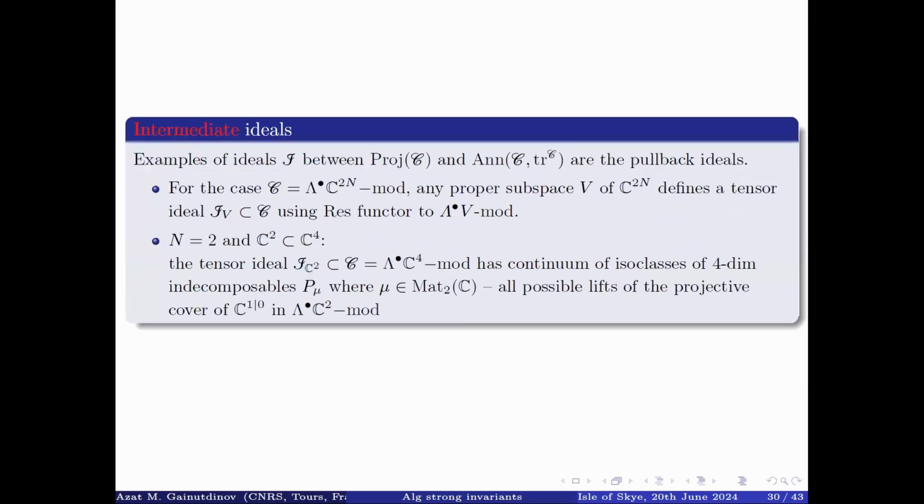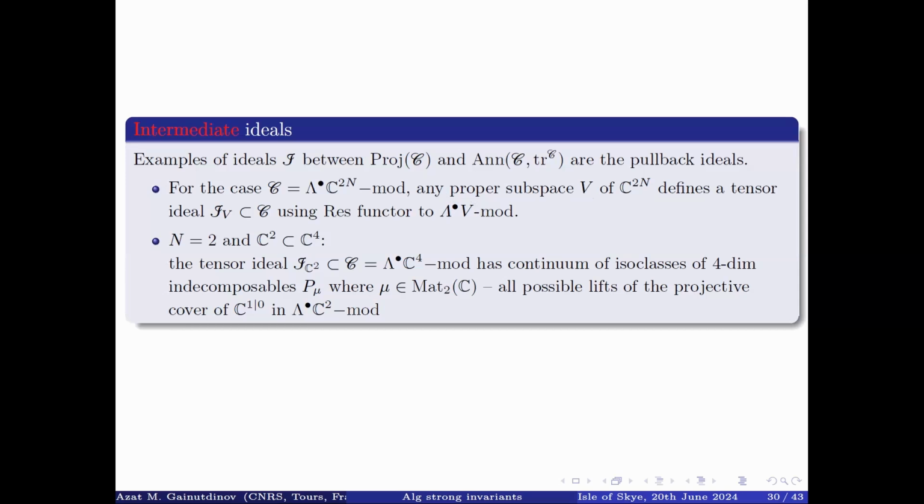Let me give you an example of such intermediate ideals, between proj C and the annihilator of the categorical trace. These are pullback ideals. So, for example, in the case of our exterior algebra and an even dimensional vector space, just take any proper subspace of my 2n dimensional vector space, and it defines a tensor ideal using the restriction functor to the exterior algebra of that subspace, right?